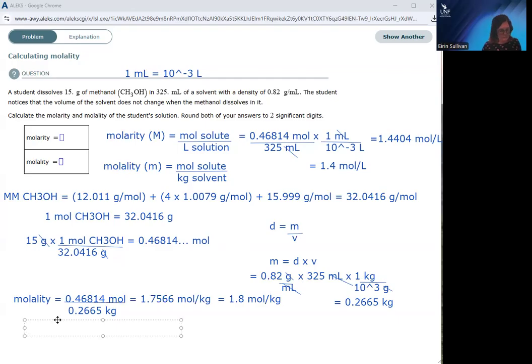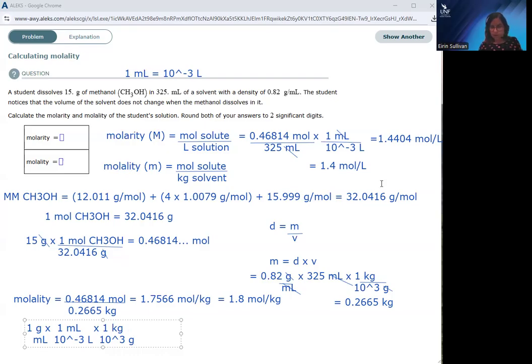So if you were going to convert 1 gram per milliliter, use a little bit of dimensional analysis, right? So 1 milliliter is 10 to the power of minus 3 liters, and 1 kilogram is 10 to the power of 3 grams.